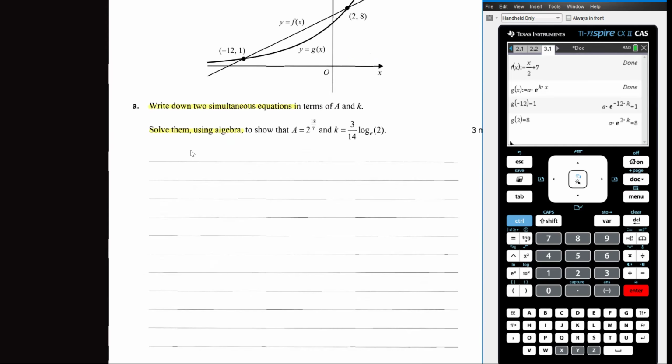Now, this is just another form to write the first equation.